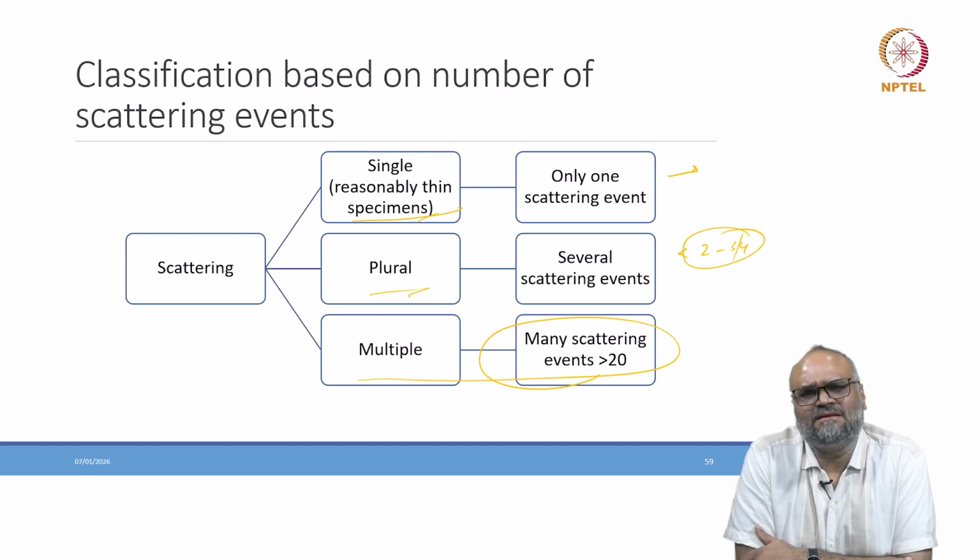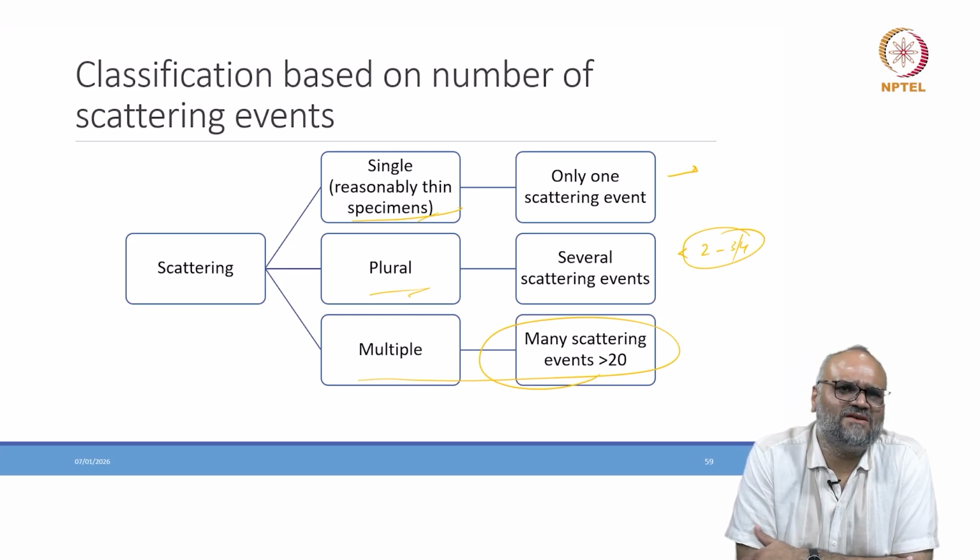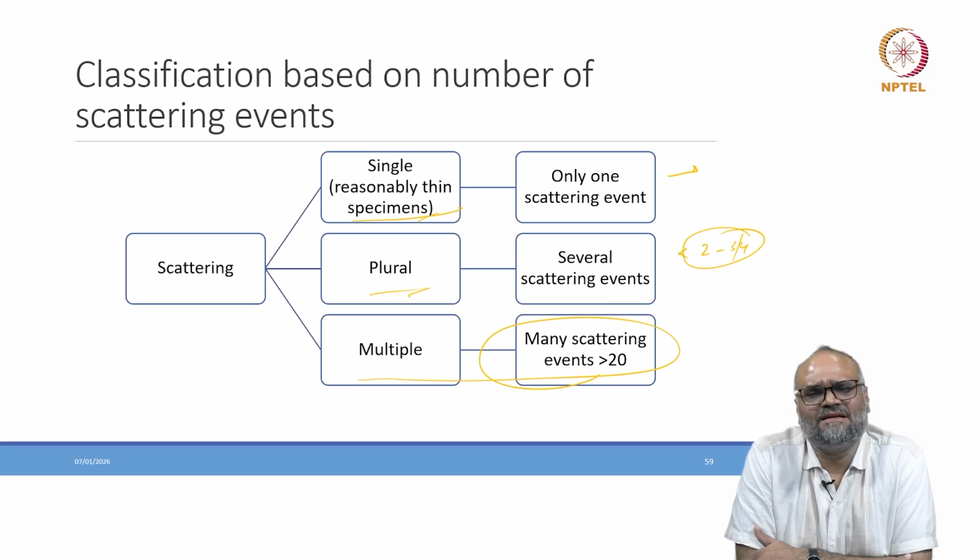So we've seen scattering based on the number of scattering events, or based on the angle of scatter, or based on the energy of the beam, that is based on the energy that has been lost as a consequence of the scattering event. Moving on, we will look at how the scattering is when I have an isolated atom, when an electron beam interacts with an isolated atom, in the next lecture.